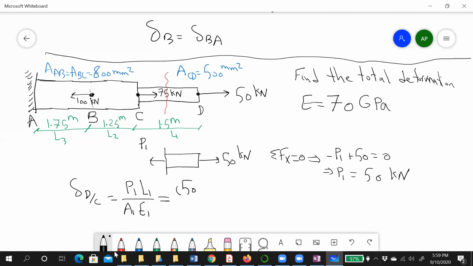50. What is L1? 1.5. Let's do something before that: 50 is in kilonewton, so let's write everything in newton, just multiply by thousand. L1 is 1.5, right?